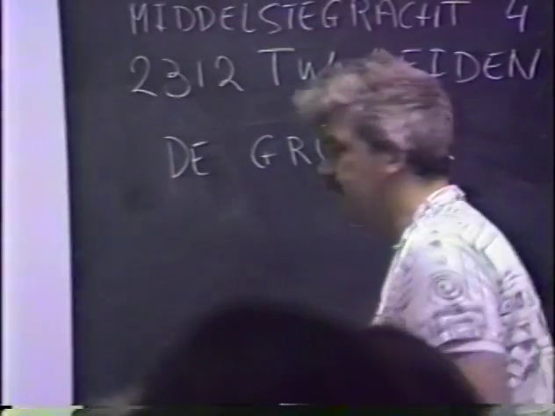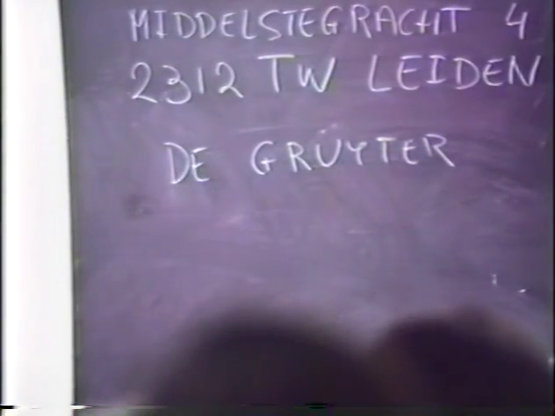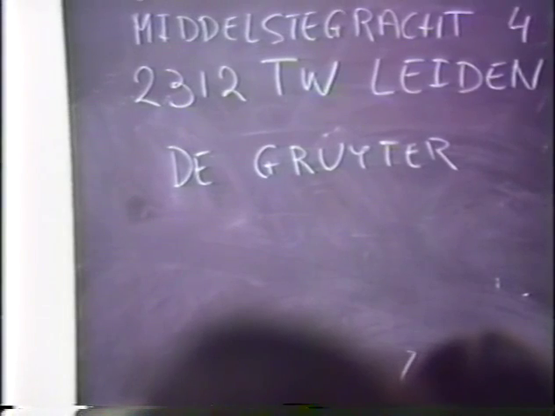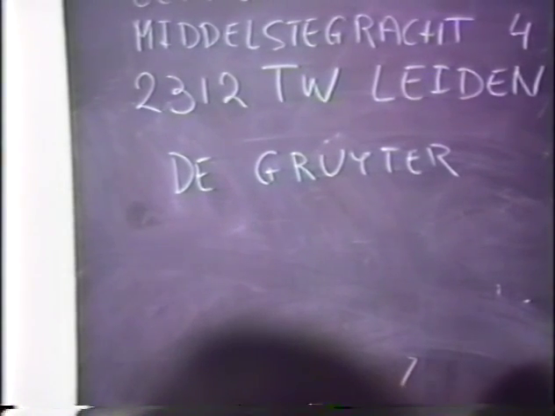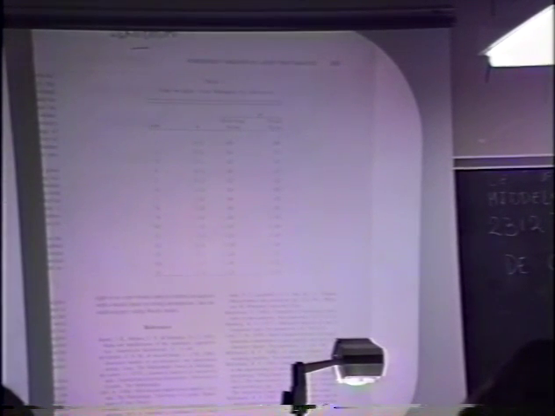This is from a recent paper by De Gruyter. That's a Dutch name. It's in one of the 1985 issues of Applied Psychological Measurement. And he uses homogeneity analysis on data generated by the Birnbaum three-parameter logistic model.